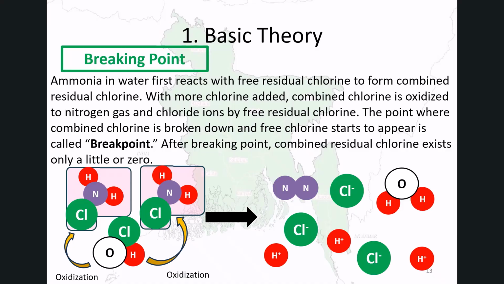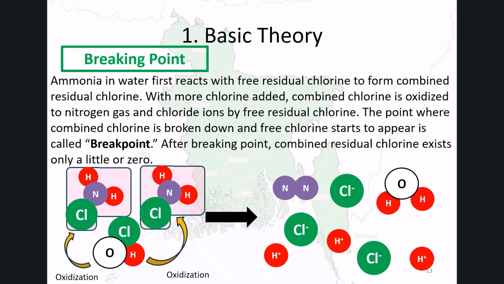Chlorine reacts with ammonia at first and forms combined residual chlorine. As more chlorine is added, this combined chlorine is gradually oxidized and broken down into nitrogen gas and chloride ions due to the self-oxidation of itself. The point where this breakdown occurs and free chlorine begins to appear is called the breakpoint.